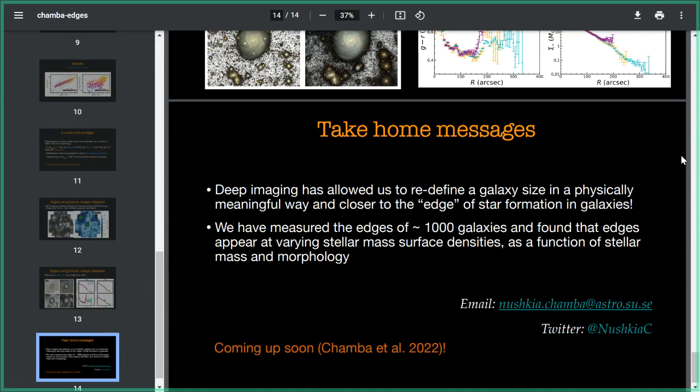A very interesting talk. I wonder if you can say a little bit more about whether tidal features confuse the search for these edges. If the galaxy isn't completely quiescent dynamically, is that going to affect your ability to define where the edge is? That's a great question. Thank you. For this particular work that I showed you with the Stripe 82 galaxies, we particularly chose galaxies that were not disturbed.